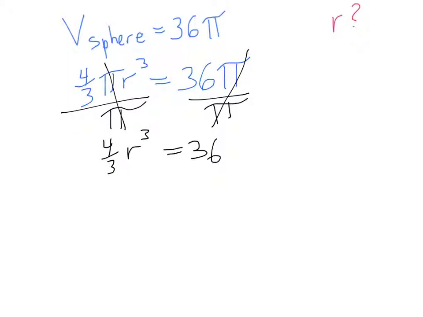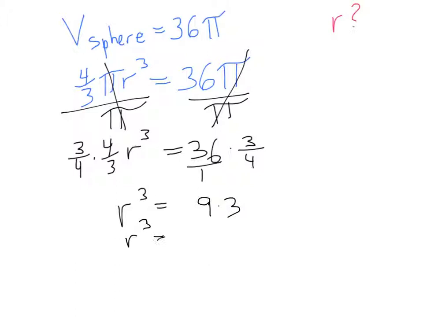Now if we want to isolate the radius, we're going to multiply by the reciprocal. That way I'll have 1 r cubed, otherwise known as r cubed. Now I could multiply 36 by 3, or I could divide 36 by 4. I would rather say 36 divided by 4 is 9. Don't forget to multiply it by 3.